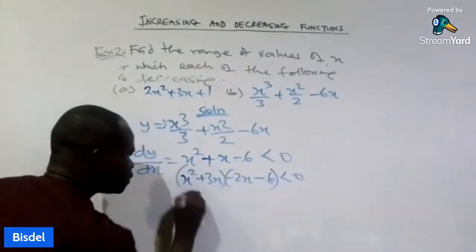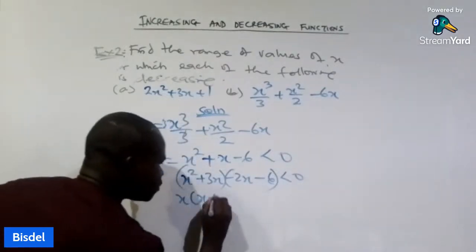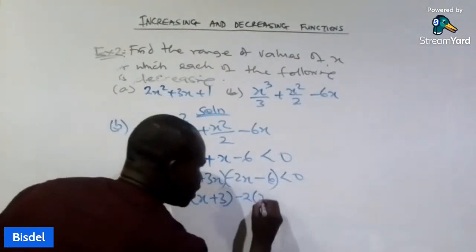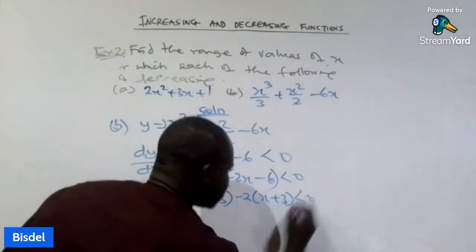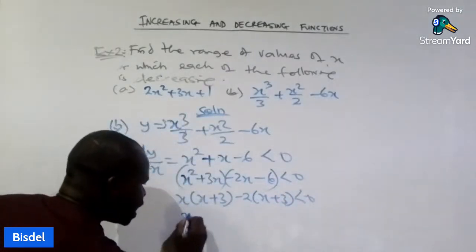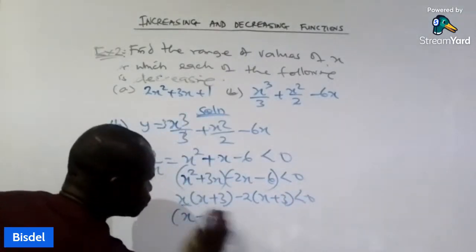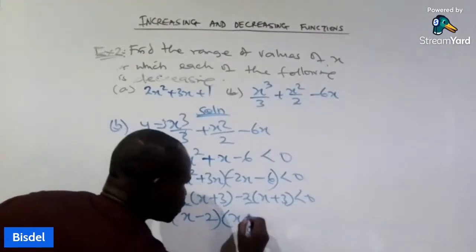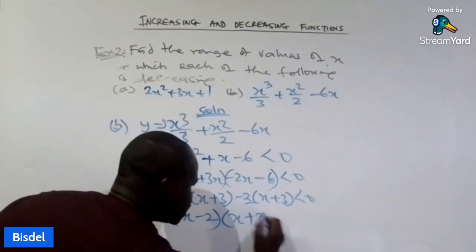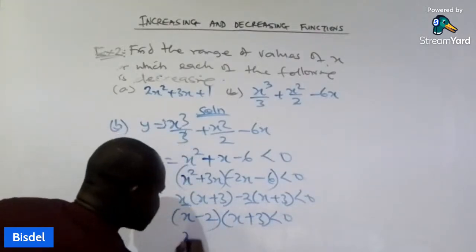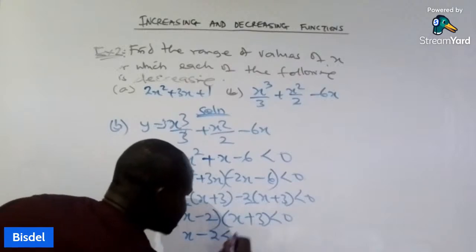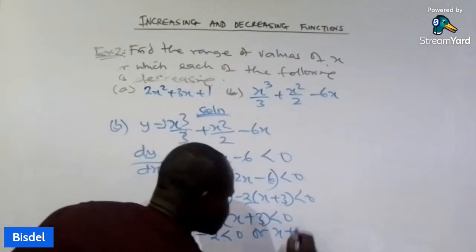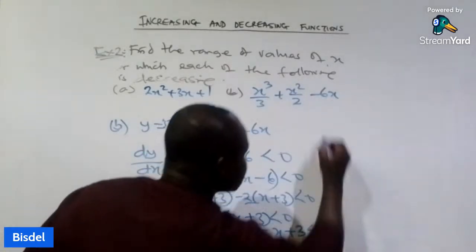So I do the grouping. x is common here, I have x plus 3. Minus 2 is common here, I have x plus 3 less than 0. So here I'm going to have x minus 2. I combine these two, then I pick one of the brackets: x minus 2 times x plus 3 less than 0. This simply means x minus 2 less than 0 or x plus 3 less than 0.